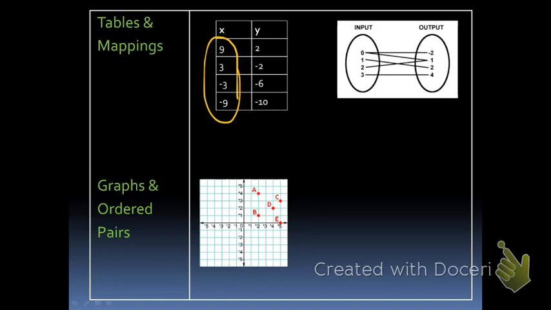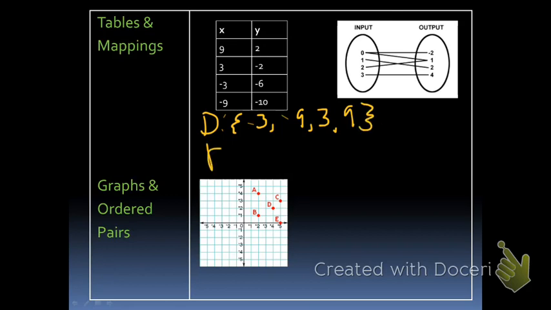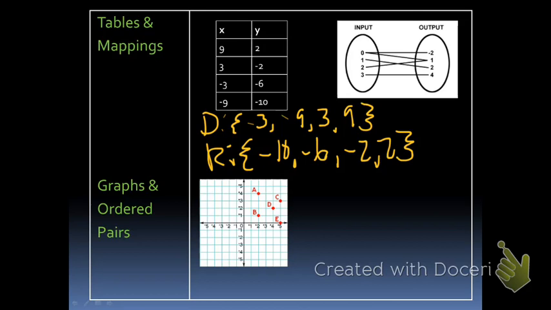So you would say that your domain is -3, -9, 3, 9. Then the range is -10, -6, -2, and +2. All I did is I listed the x's and the y's like that.